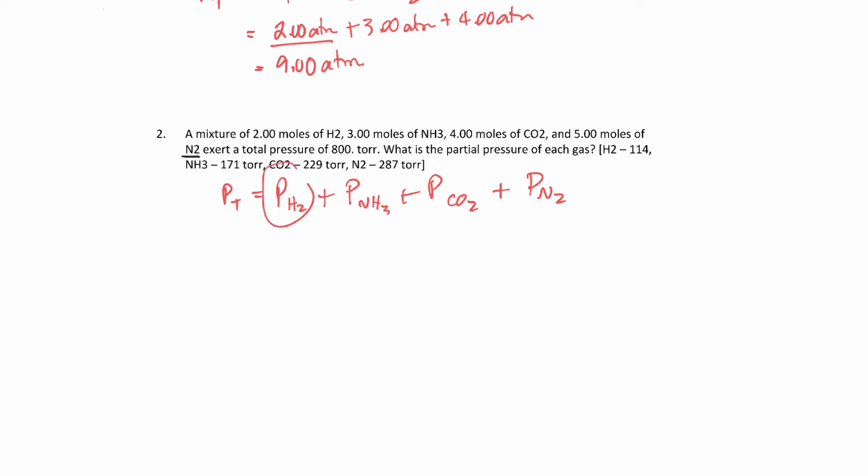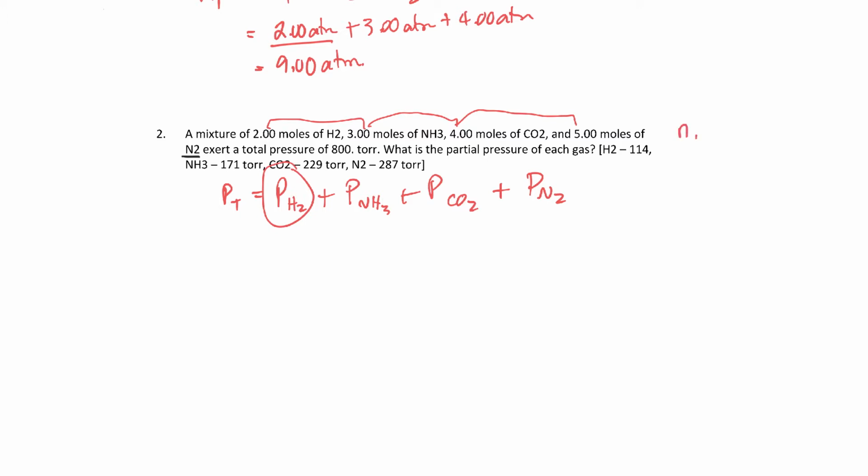Each of those would exert a pressure according to how many moles they have of that gas. So if I add these all up, I can see what the total moles of the gases are. 2 plus 3 is 5, plus 4 is 9, plus 5 is 14.